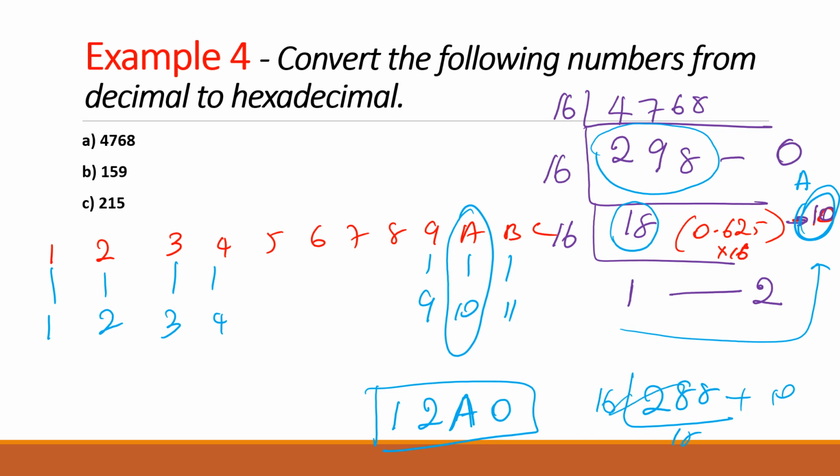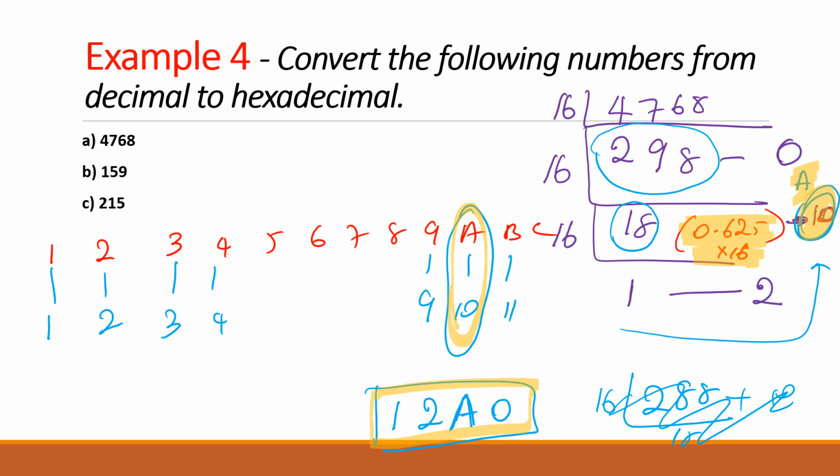You can find the remaining ones in this way. That's what I was telling. So if you have a decimal, you times the decimal by 16 and you can find this. But you can't write 10 because you have a 10 but it is not the real 10. So this 10 represents A in the hexadecimal, isn't it? So you have to write A instead of the 10. So you write it in this way.